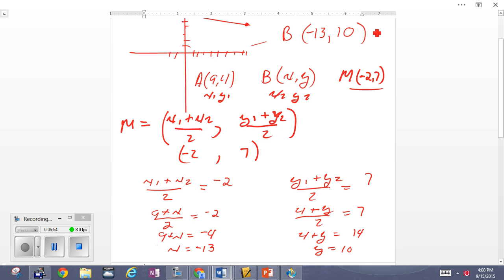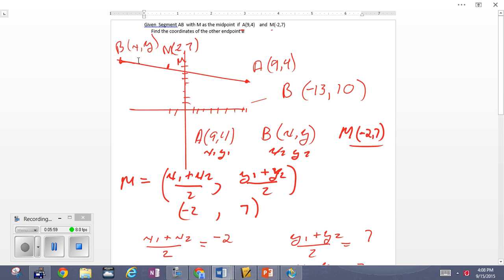Negative 13 comma 10 means that's where point B is, way out there. What you should do is check that we get the coordinate negative 2, 7 as the midpoint with A and B. Quickly checking: 9 plus negative 13 is negative 4, over 2 is negative 2, and 10 plus 4 is 14, divided by 2 is 7.